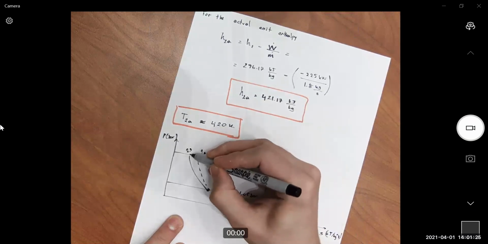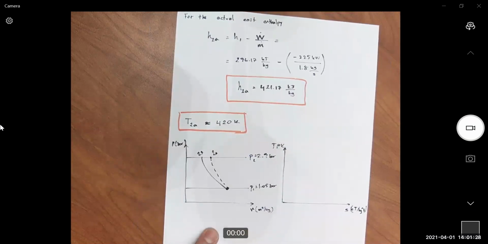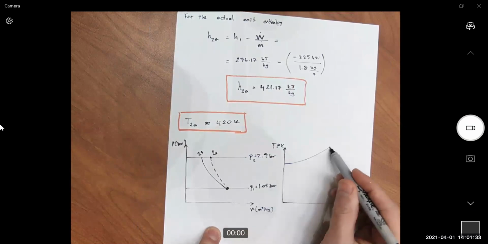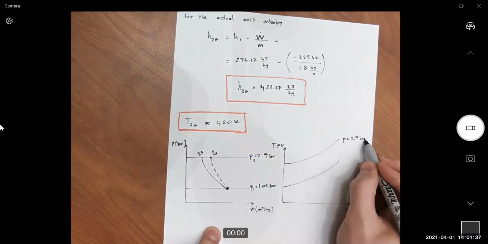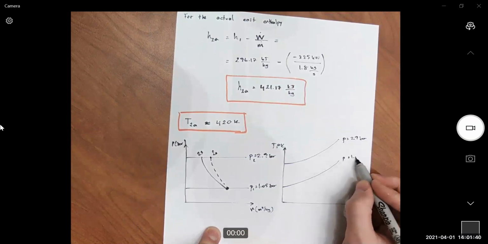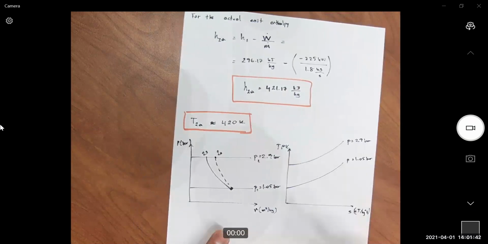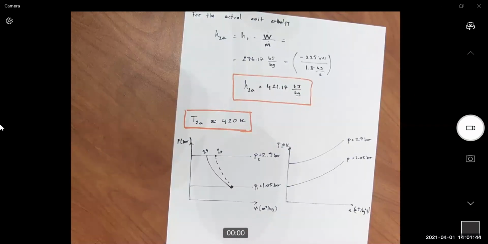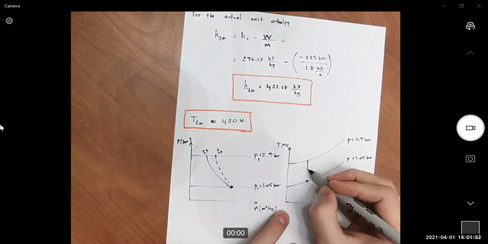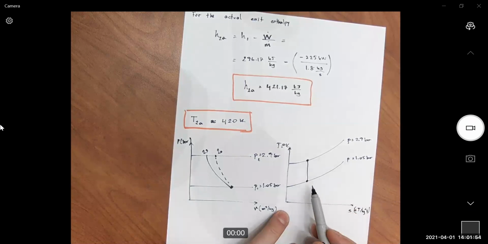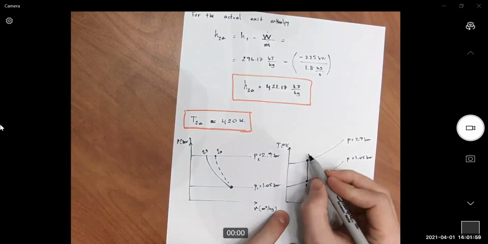Actual to ideal. Okay. And for the ideal compressor on a TS diagram, delta S equals 0, right? 1, 2S.